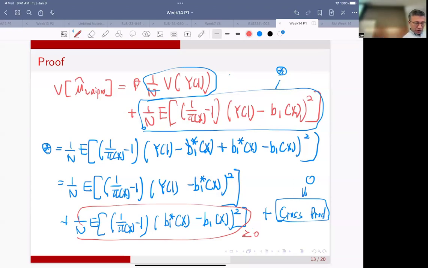So with equality if b x is equal to the conditional expectation of y1 given x. So that is basically the proof.